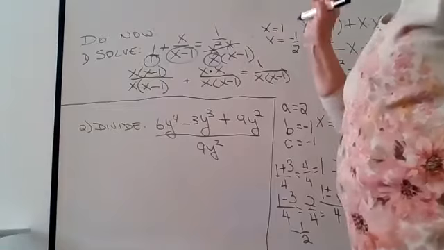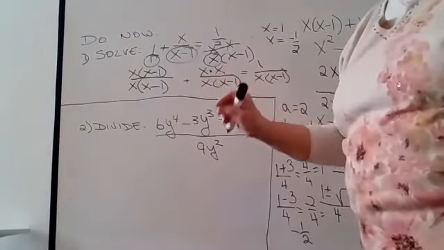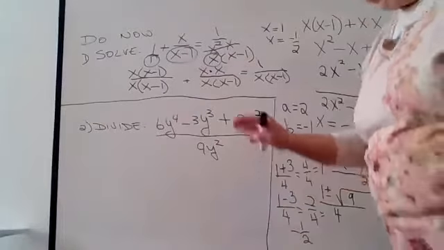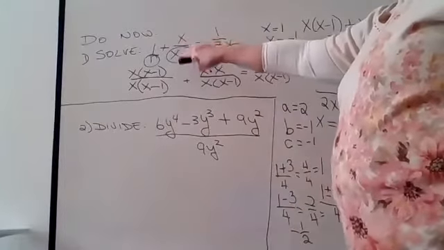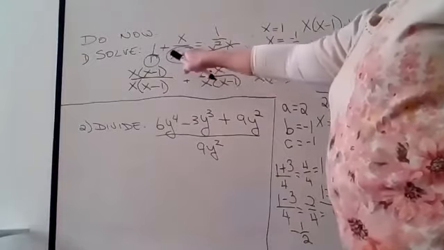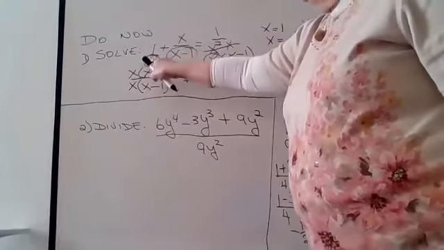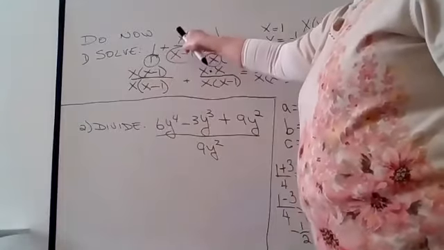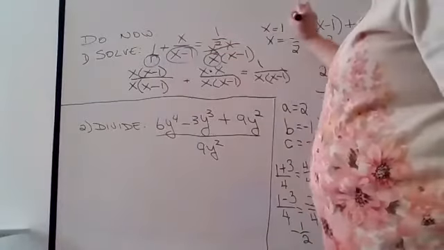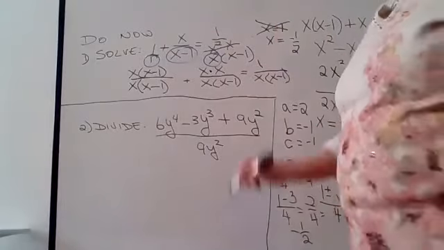But remember, I have to go back and check to make sure these are not what we call extraneous roots, that neither of these roots are going to make a denominator equal to 0. And if you notice, when I have x equal to 1, the first number is fine, but the second one becomes 1 over 1 minus 1, which is 1 over 0. So this is an extraneous root. I have to throw it out.